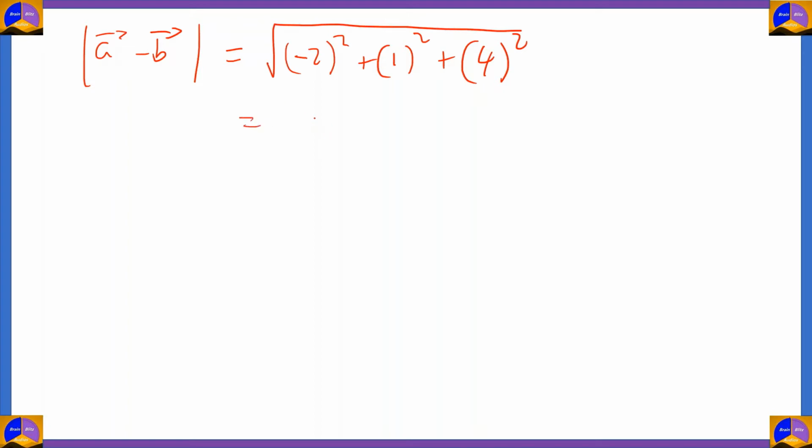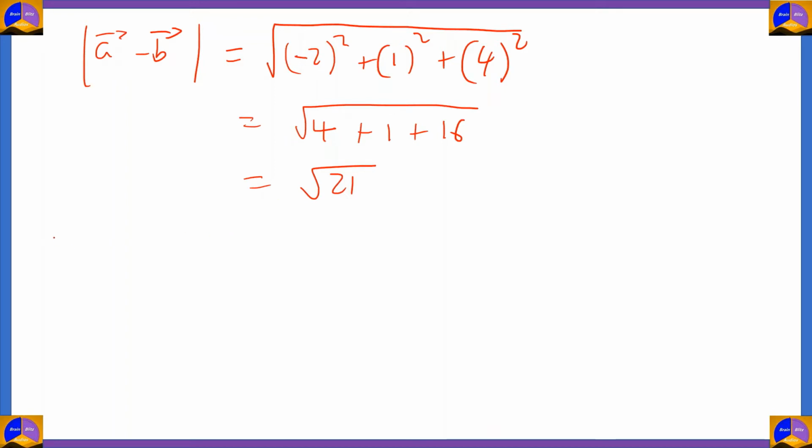So minus 2 square is equal to 4, plus 1 square is 1, plus 4 square is 16. Therefore, we're getting root 21 as the modulus of the vector a bar minus b bar.